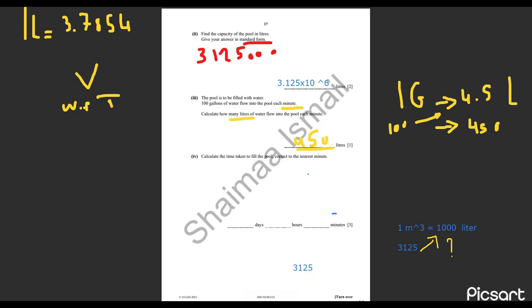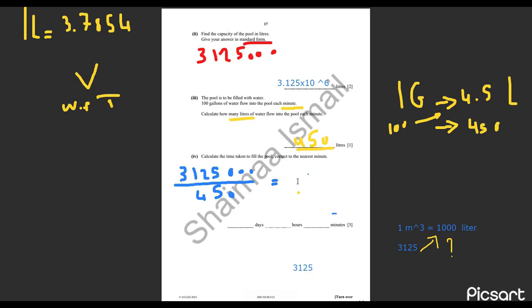Again we divide 3,125, the capacity, by 450 just to get it.